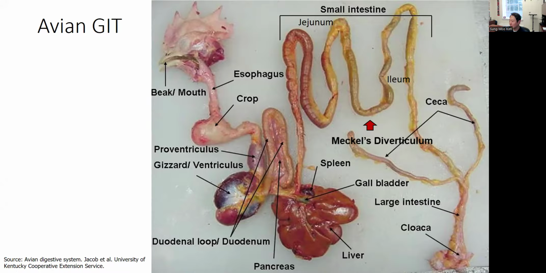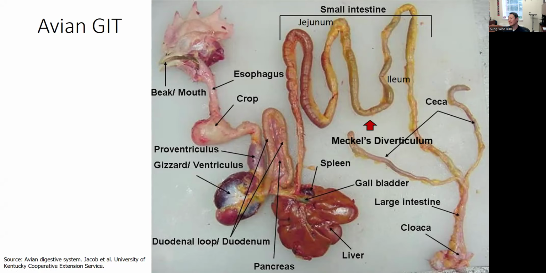Okay? So that's the beginning of the large intestine. But if you go back and look at the small intestine, we already talked about the duodenum. But if you look at the remaining part of the small intestine, somewhere in the middle we will see a very small button that is called Meckel's diverticulum.